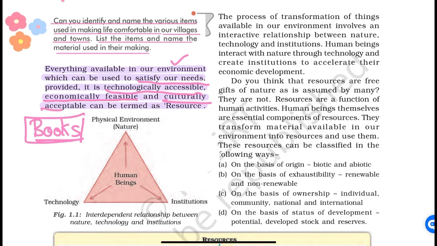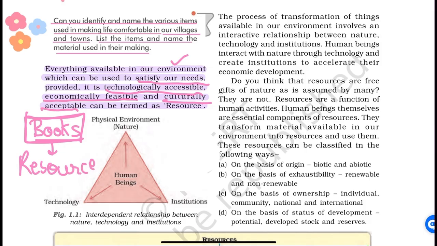And culturally acceptable. Books are culturally acceptable. Every culture, every religion says that you should be educated and take education. Every person must take education. So hence, books accept all these conditions required to become a resource. So hence, books are a resource.